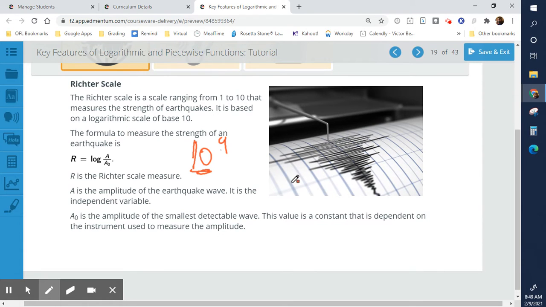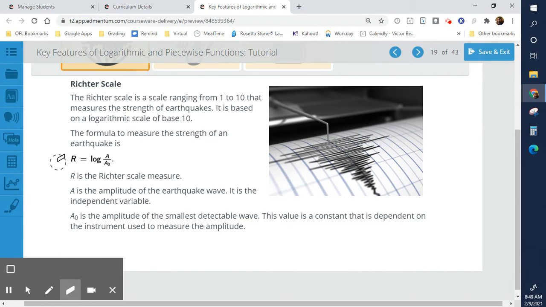The Richter scale, if you don't know, is this little machine that goes back and forth, and it moves based on vibrations in the earth. If we can detect it, meaning this thing will wiggle even just a little bit, that's a detectable one.